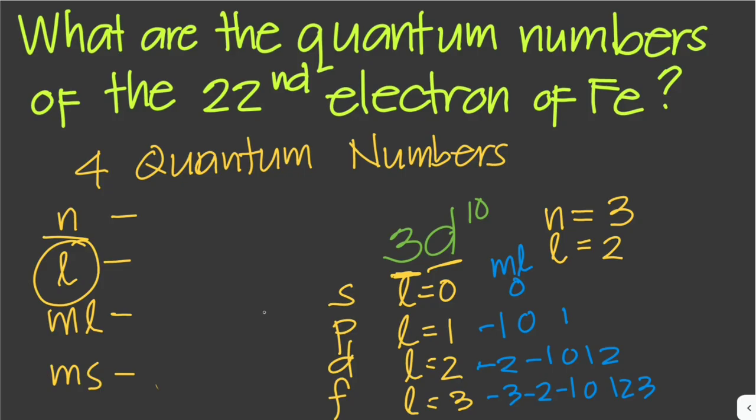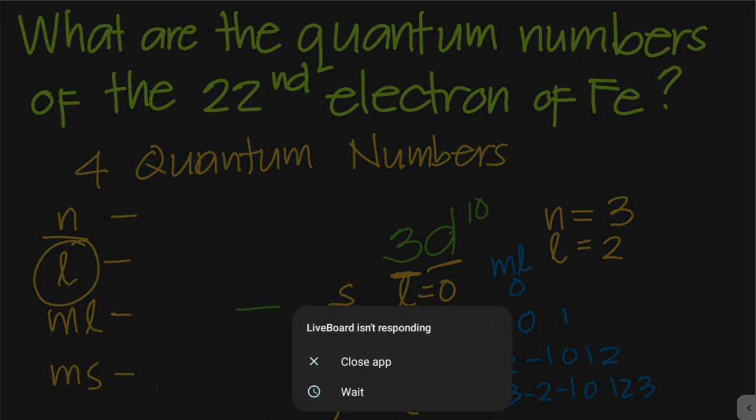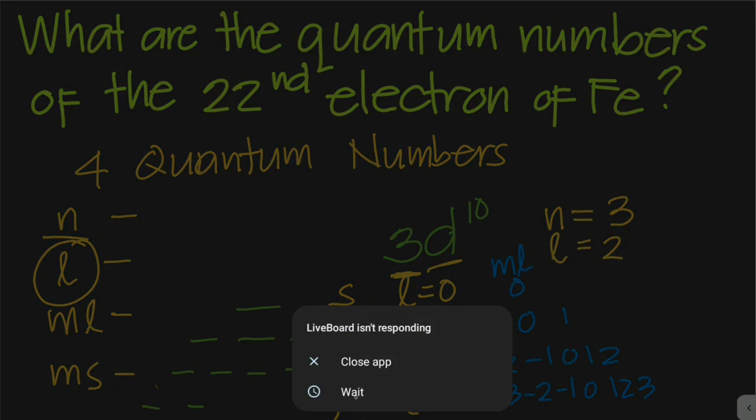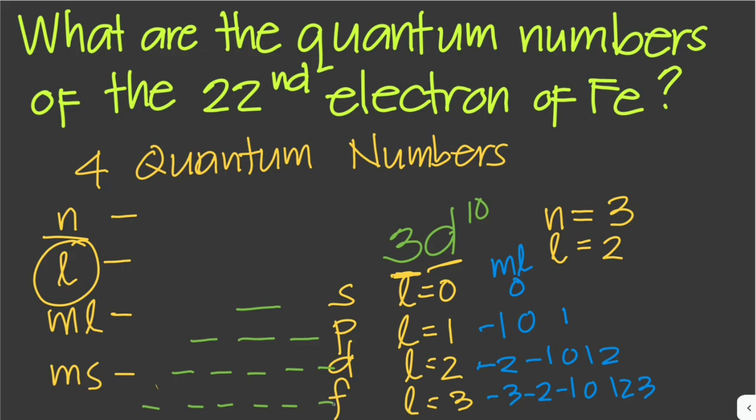And this means that the S orbital has only 1 sublevel, because it can only hold up to 2 electrons. And then the P orbital has 3 sublevels. Then D has 5, F has 7. All right.